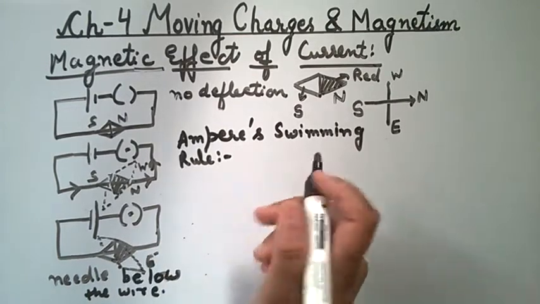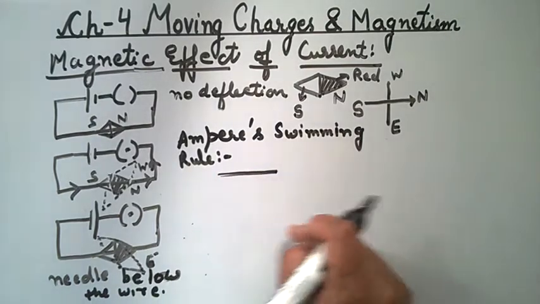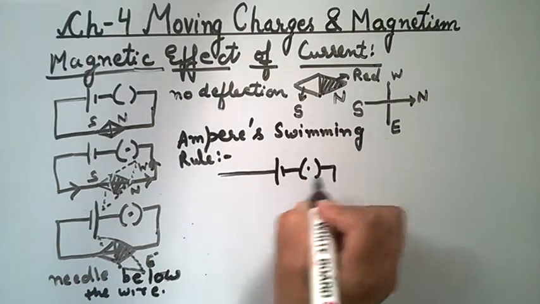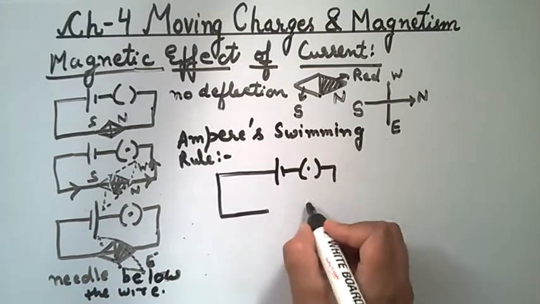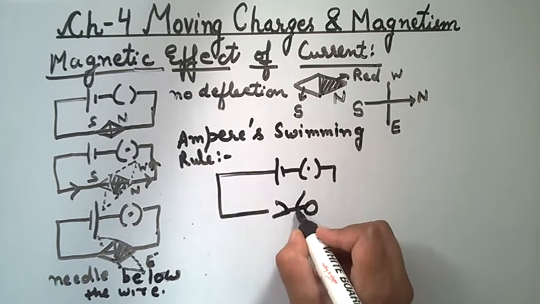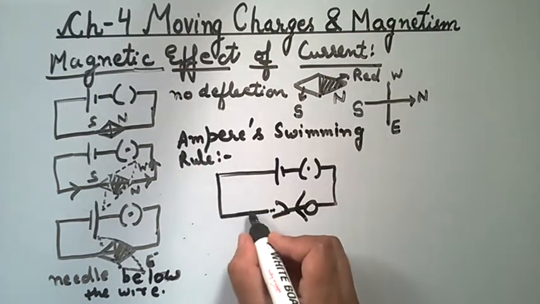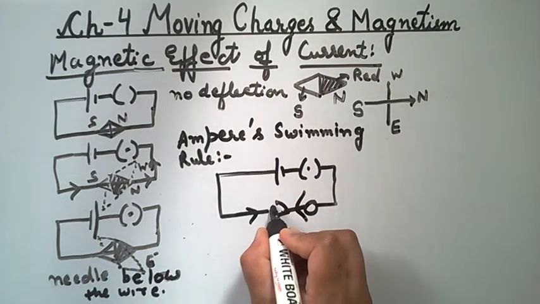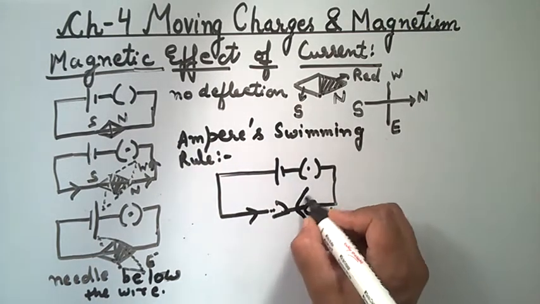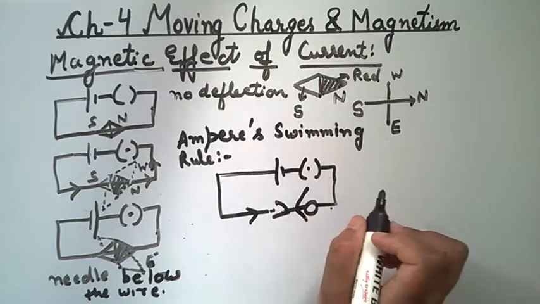According to this rule, let us suppose a person is swimming along the current carrying wire, and the current is flowing or entering through his feet and leaving through his head, then the deflection of the magnetic needle is given by his left hand.